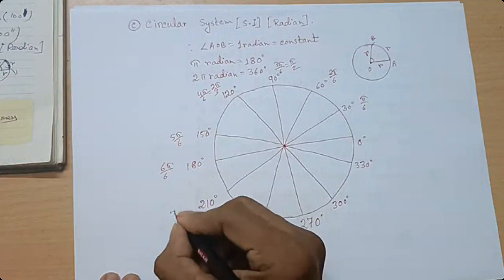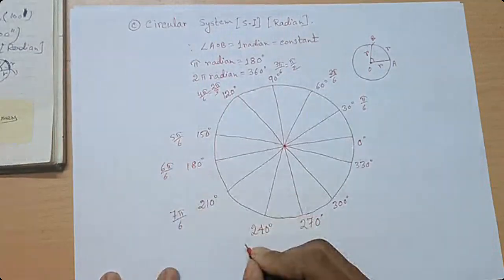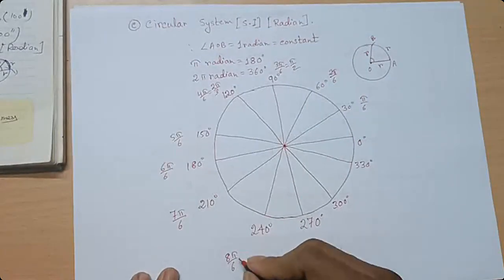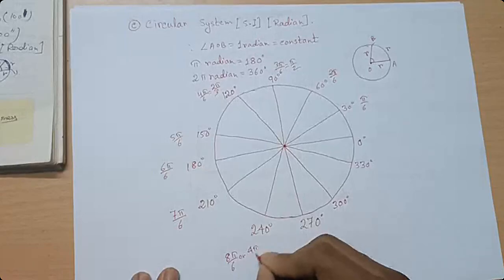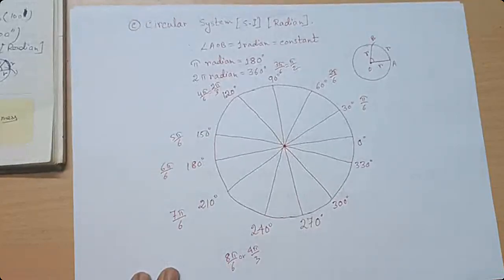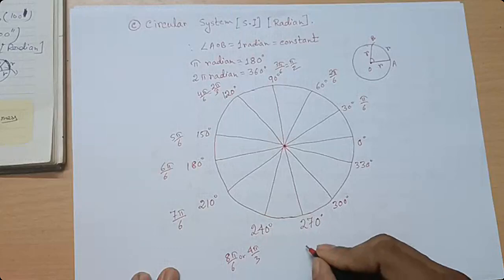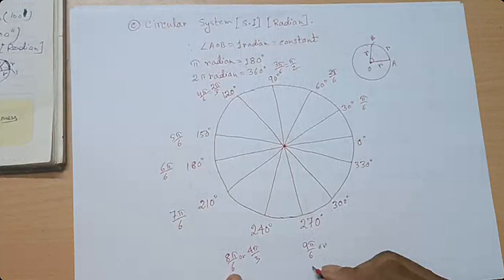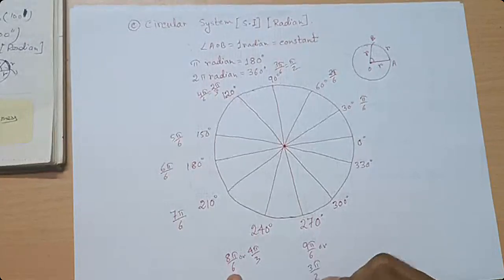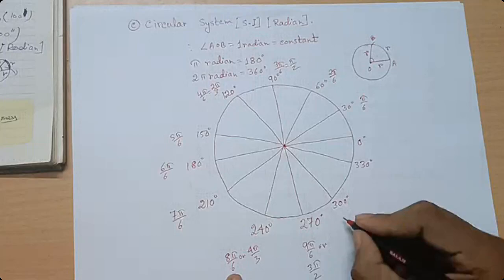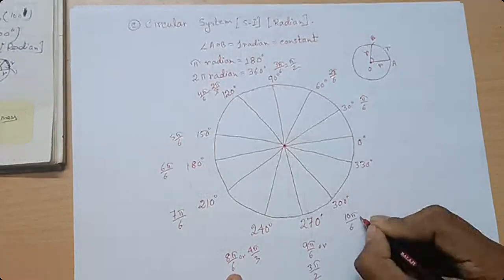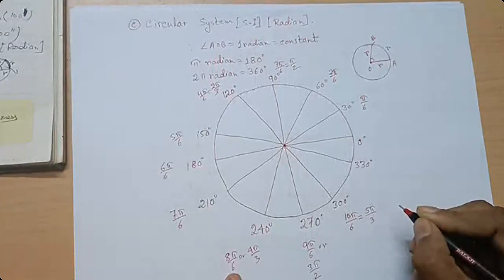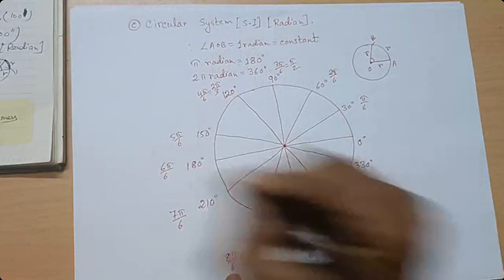210 degrees is 7 pi by 6. 240 degrees is 8 pi by 6, or 4 pi by 3. 270 degrees is 9 pi by 6, or 3 pi by 2. 300 degrees is 10 pi by 6, or 5 pi by 3.